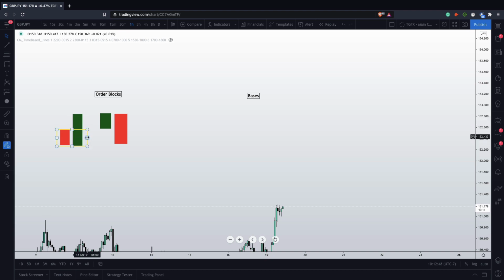Now, what happens a lot in the market is that the market will want to retest this order block. It'll want to create it and then retest down to the open of the bearish candle and then reject it. So if you guys start back testing this in the market, what you'll start to see is that the market will produce wicks.